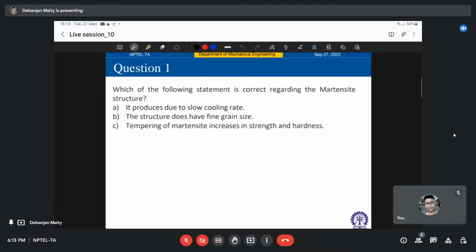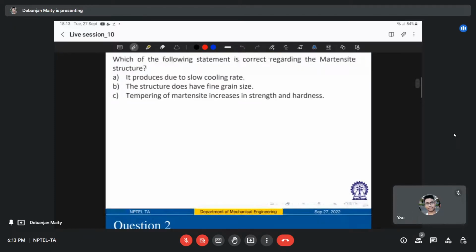Now, if we try to find out what happens during martensite transformation, we need to always refer to something called the TTT curve. This is basically the time, temperature, and transformation curve, right?